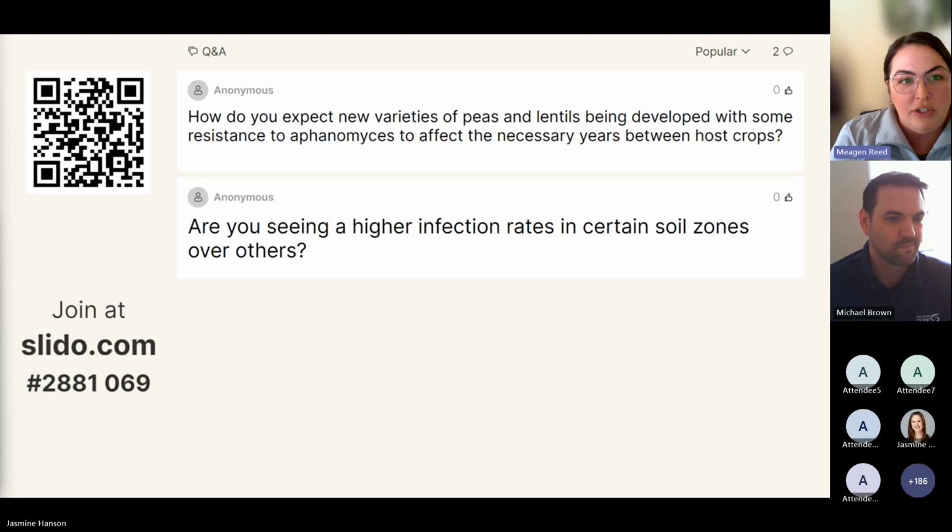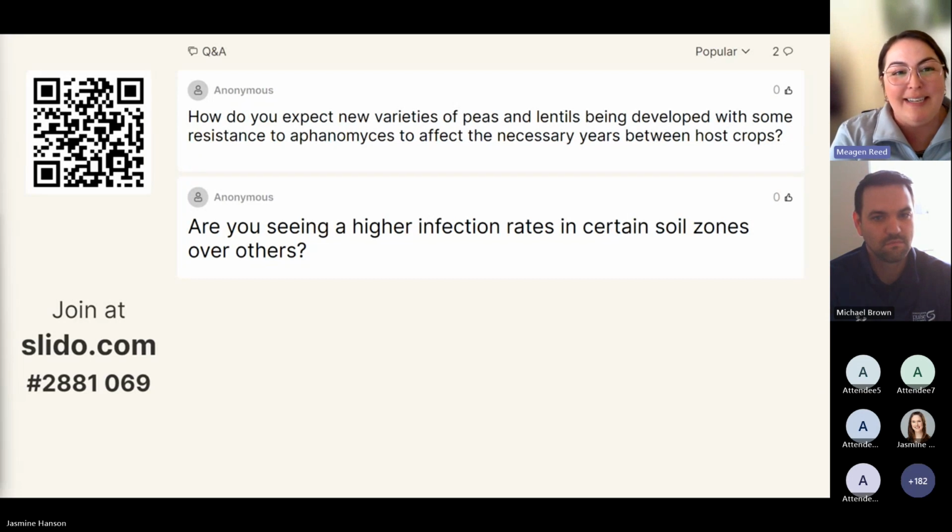So 3-4 years on rotation, but that also means that we are relying on those genetics to be resistant and resilient to not breaking down under pressure from Aphanomyces zoospore infection. Kind of like the way that we're looking at clubroot resistance in canola, there's going to be some work around how do we maintain these genetics and not have them break down, because it will have taken us so long to get those genetics in place. We want to preserve them as much as possible. So that's largely yet to be seen.